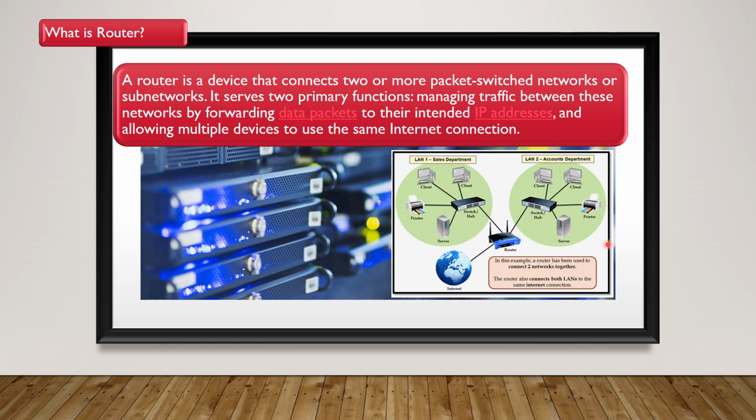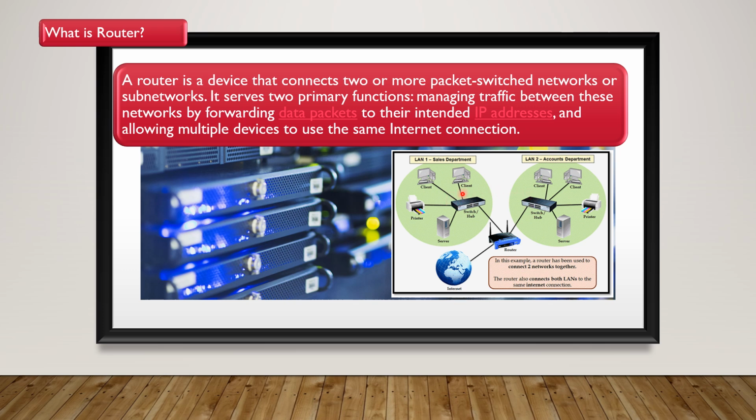In this diagram, LAN 1 is the sales department and LAN 2 is the accounts department, so they have different IP addresses and LAN connectivity. Everything is different. Here a switch and hub are connected, and here also a switch and hub are connected.